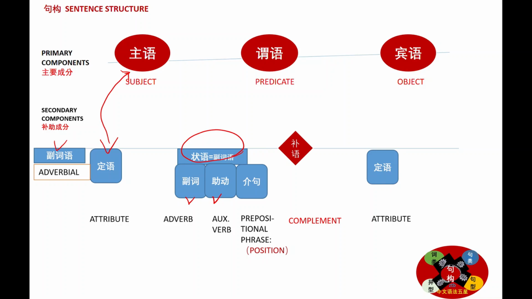Next, prepositional phrase, 介词短语. After this, not so often but can come again, another 副词, but that we'll discuss separately.